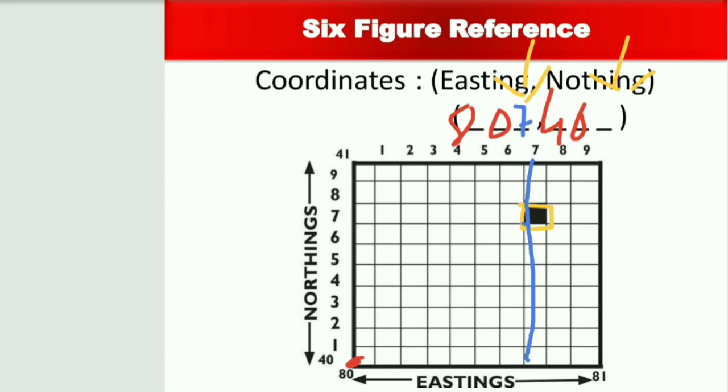So the easting is 807. Now similarly, what is the northing for this point? That is this line, the line of number 7. So what is the complete 6-figure reference for this particular point? That is 807407, right? Hope you are able to get it.